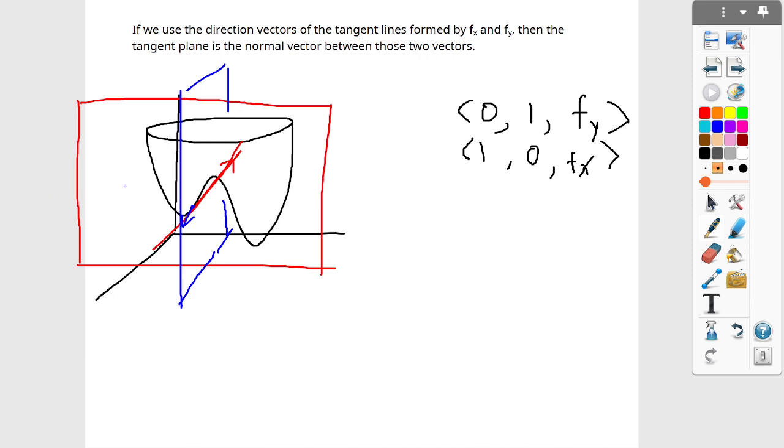So these are your two vectors, and in fact, if you take the dot product of them, what you are supposed to get is the 0 vector, or f sub y dot f sub x is supposed to be 0 at that point.